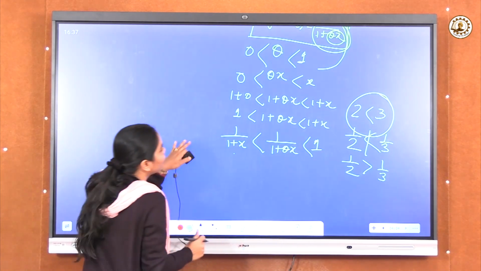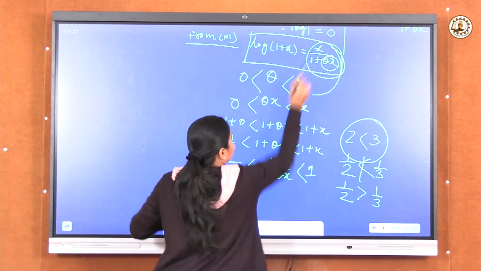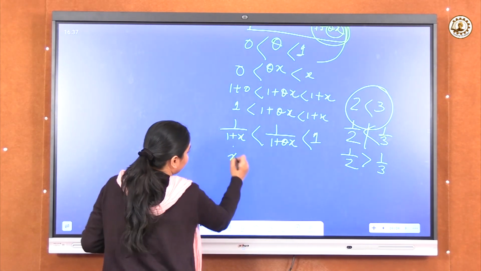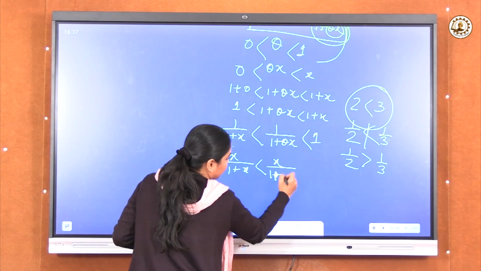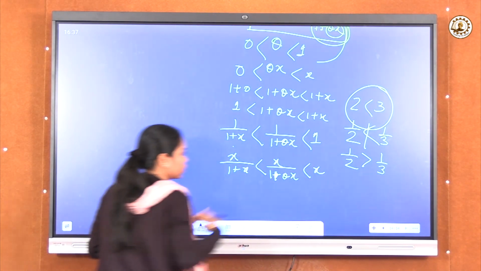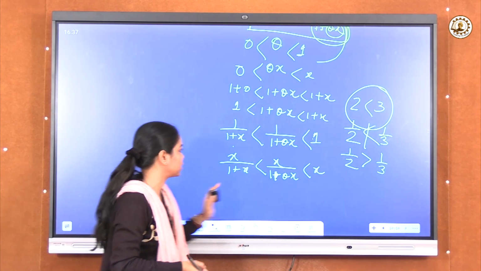Okay, next, the numerator is x. So we multiply all by the numerator x. So that is converted into this: x by 1 plus x, and 1 into x is x.